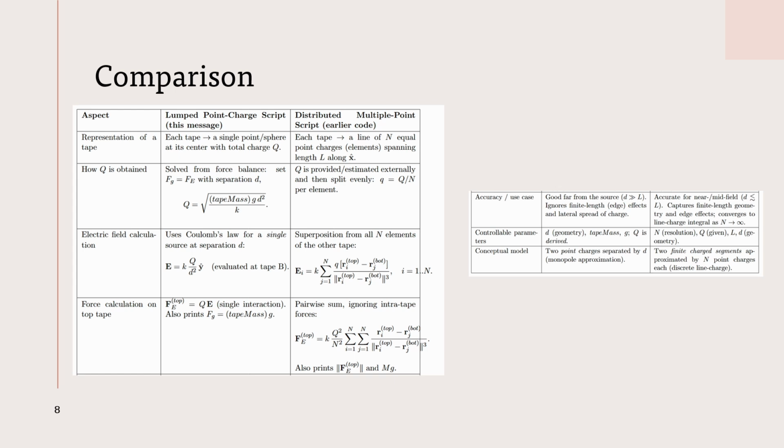The differences between our new GlowScript model and the old GlowScript model for Lab 1 are numerous. Instead of considering each tape to be a point charge, we're now considering each tape as a line of n equal point charges spanning the length L. Additionally, instead of calculating the magnitude of charge on each tape, we are now estimating externally and then splitting the charge evenly across these n sections.